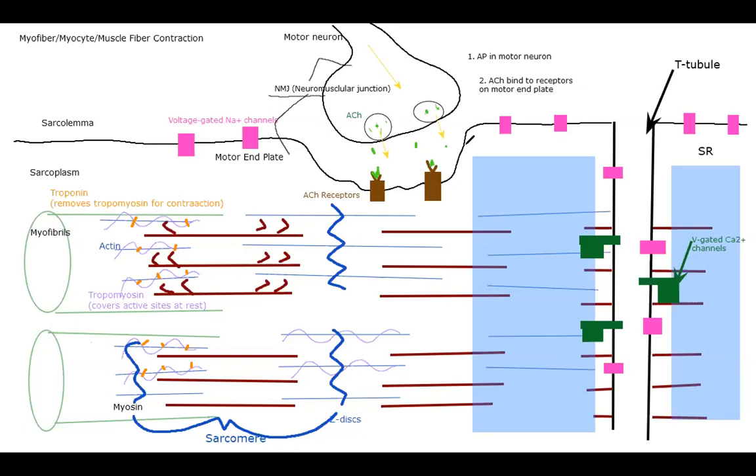As we know, when ligands bind to receptors, this leads to some kind of pre-programmed response. In this case, it is going to lead to an influx of sodium into the local environment of the cell. So lots and lots of sodium.